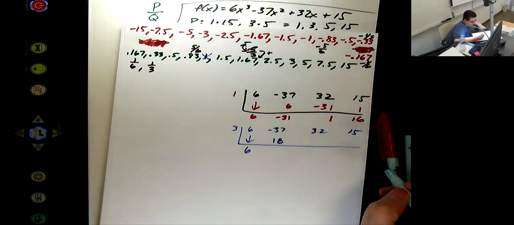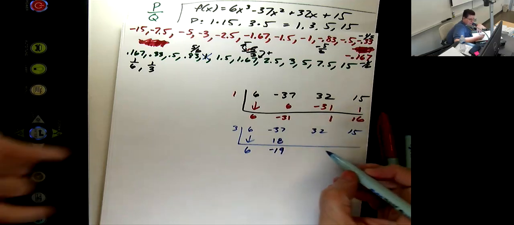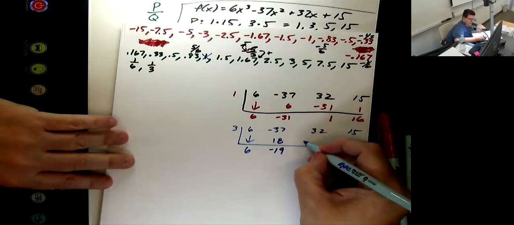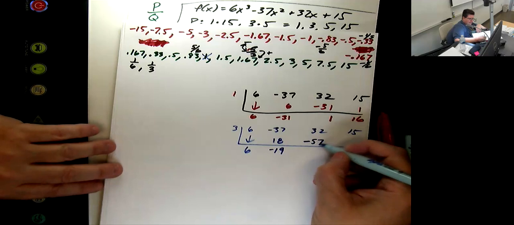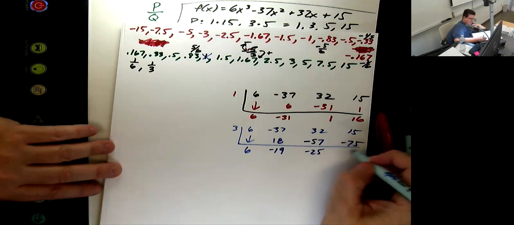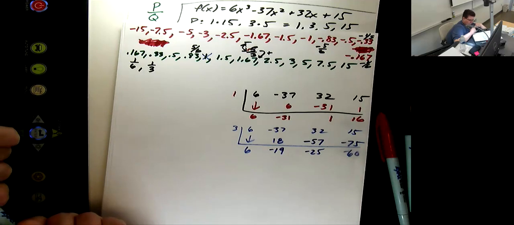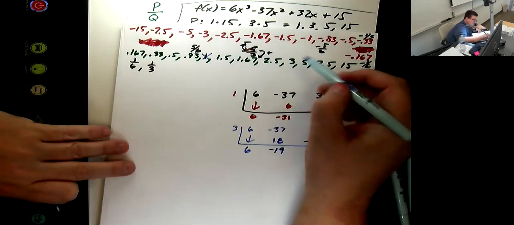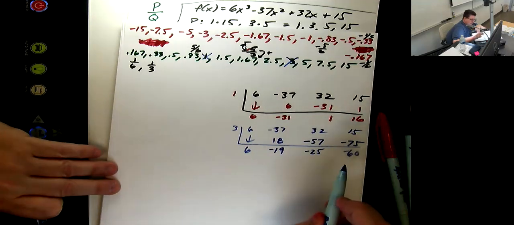All right, what is that? -19? This is getting ugly fast. This is clearly not going to be 0. We still have numbers that are not positive above it, so I can try a bigger number.